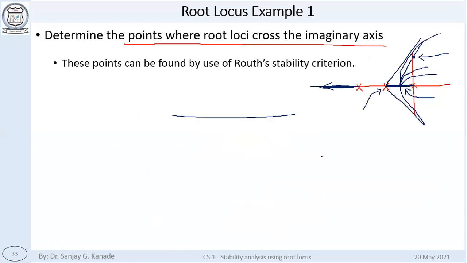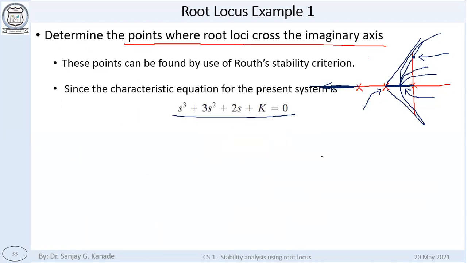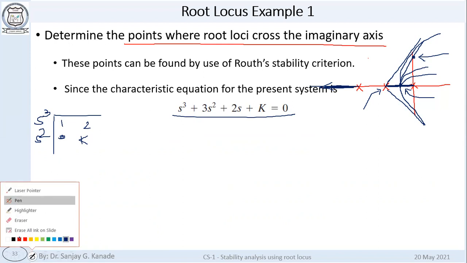From this characteristic equation we have to create the Routh's array, or Routh table. So how will that be? If you have s cube, s squared, then you take the terms 1, 2, 3, k.